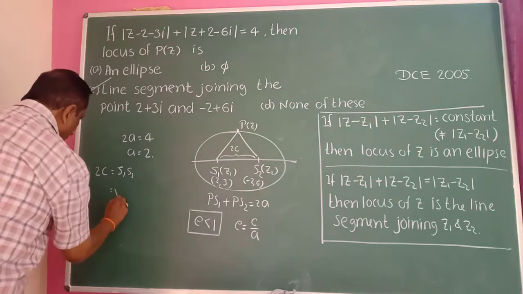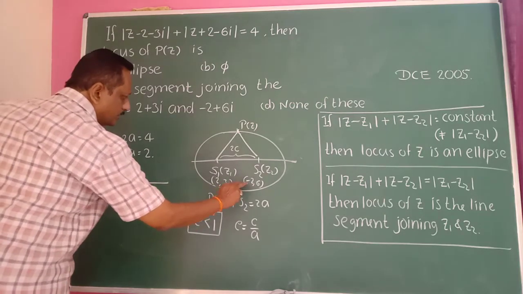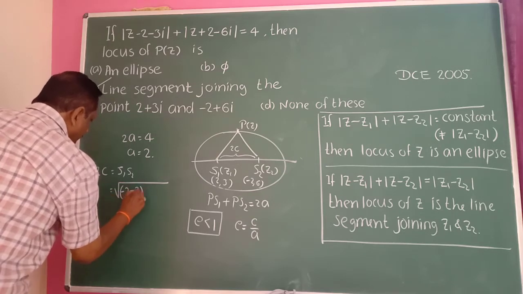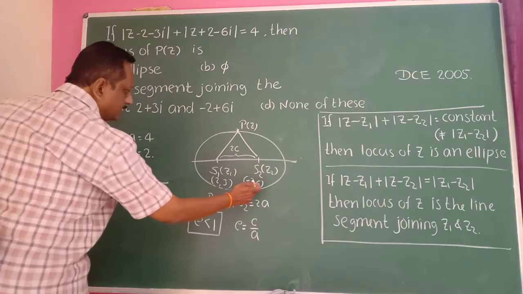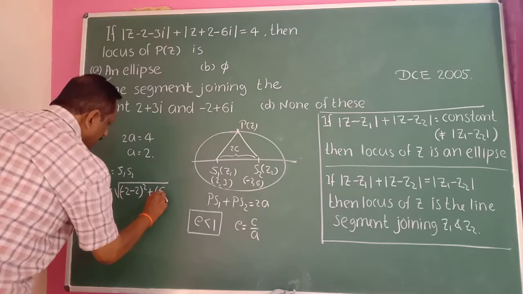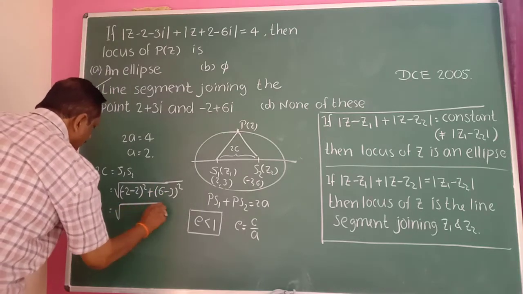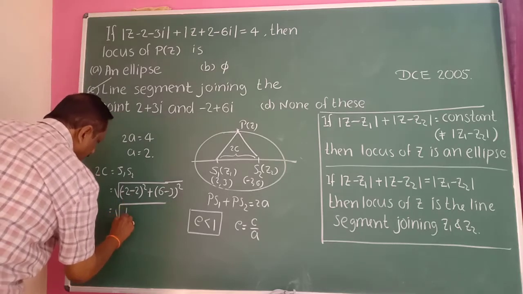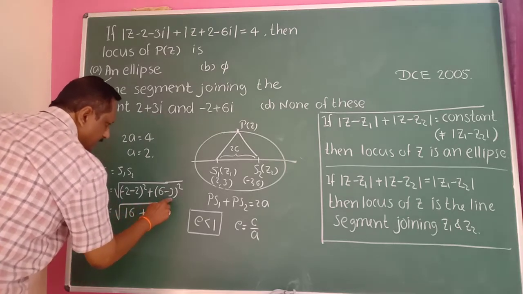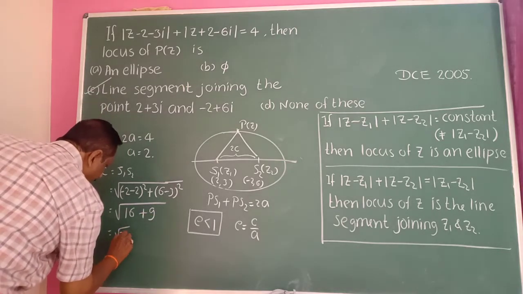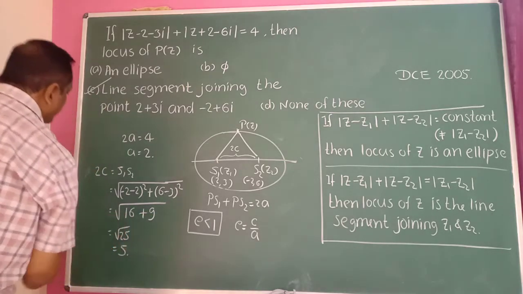Therefore this equals the root of (minus 2 minus 2) square plus (6 minus 3) square. Minus 2 minus 2 is minus 4, and minus 4 square is 16. 6 minus 3 is 3, and 3 square is 9. Therefore the root of 25, and the square root of 25 is 5.